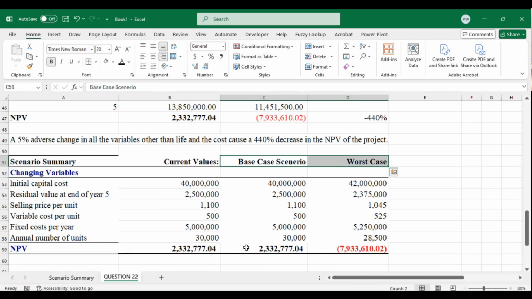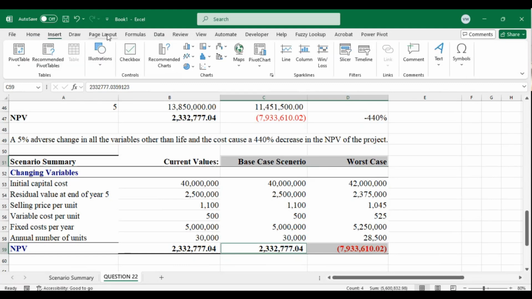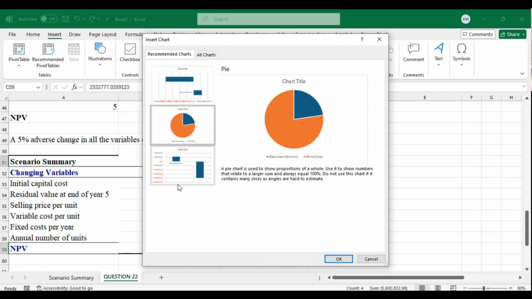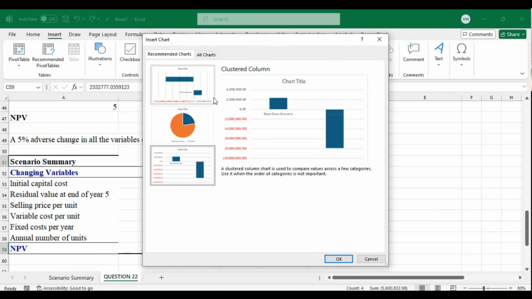So let me take these like this, and I go to Insert. I'll tell Excel to recommend a chart for me, so I'll say Recommend Charts, and I see which chart best represents this. The best chart we can have is the column chart.